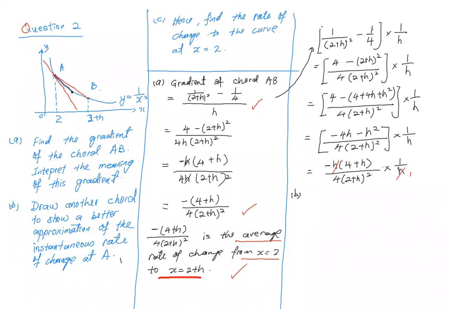Okay, can I move to part C now? Part B done? Anyone have a question on part B? Part C: hence find the rate of change of the curve at x equal to 2. So now what to write?